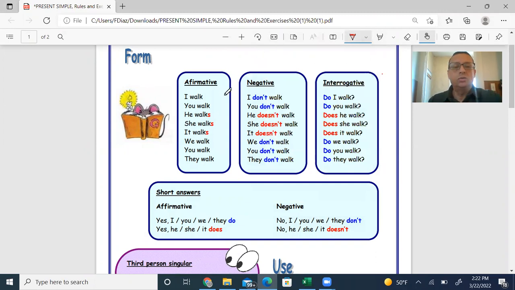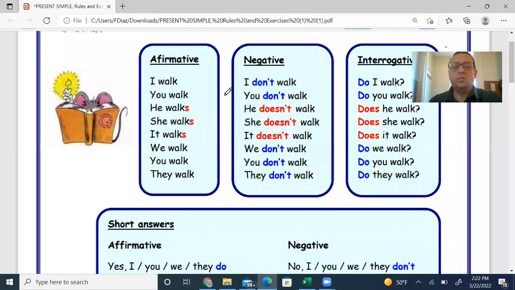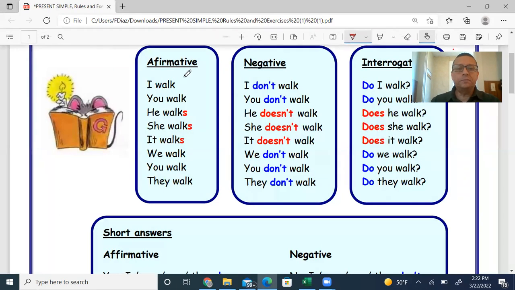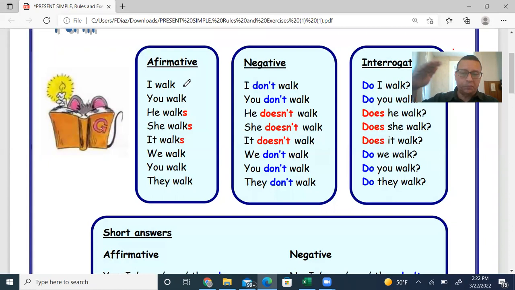One specific characteristic you have to pay attention to is that the verb in English has no variation, unlike in Portuguese or Spanish, where the verb changes from person to person. In English it is the same. Here we have an example with the verb to walk: I walk, you walk, he walks, she walks, it walks, we walk, you walk, they walk.